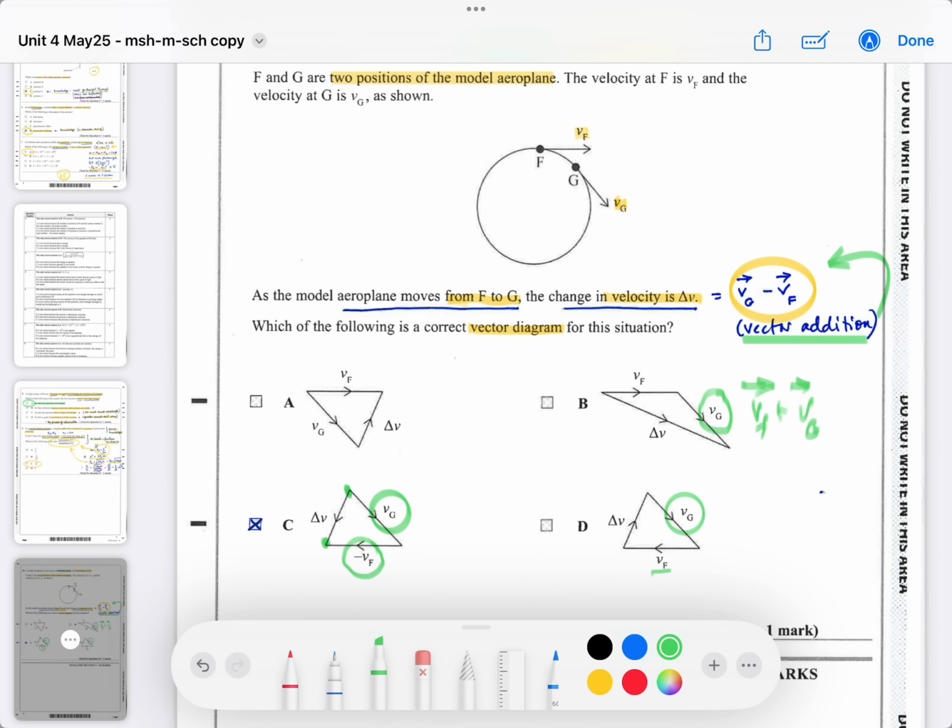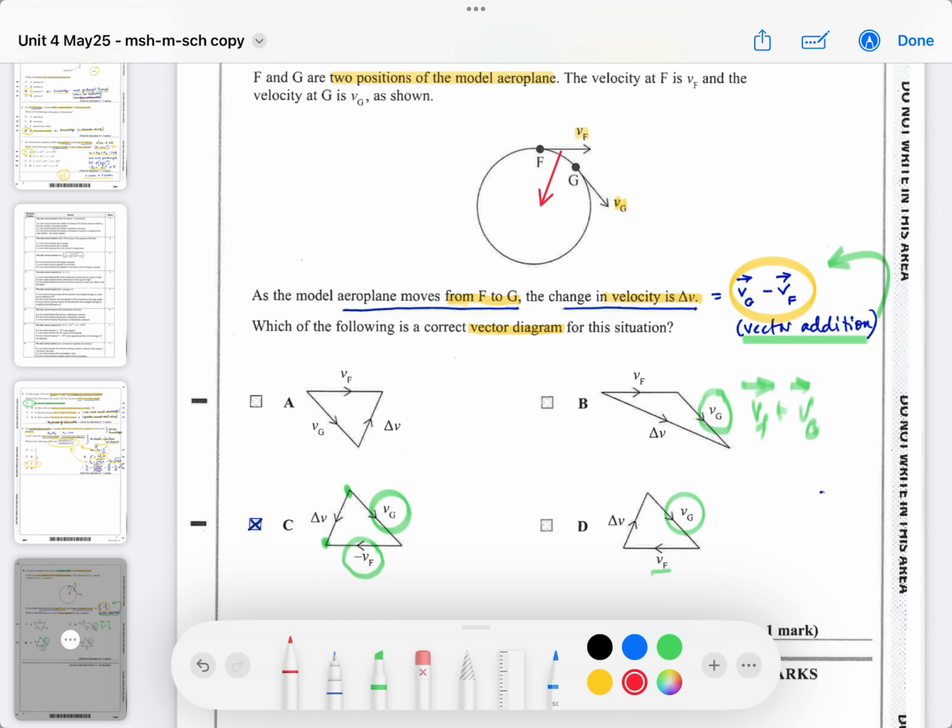And you'll notice that the velocity between the two of them is headed to the center of the circle. If you take the midpoint of F and G, the velocity will be moving to the center of the circle. Let's draw that in. So between there and there, that vector addition will be in this direction.